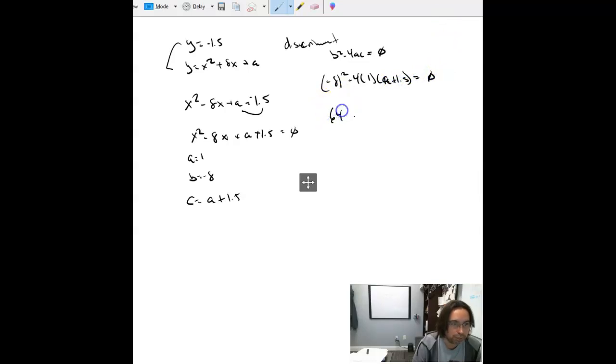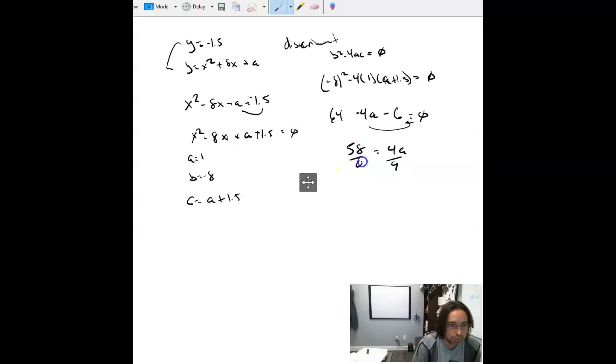Over here I'm going to get 64 minus 4a minus 4 times 1.5, which is 6, minus 6 equals 0, right? Actually, sorry, that's going to give me 58 minus 4a. Actually, let's go ahead and move that over, so that's going to give me 58 equals 4a.